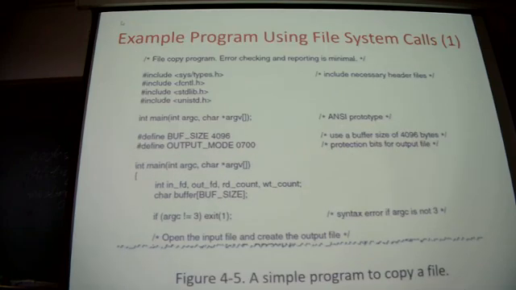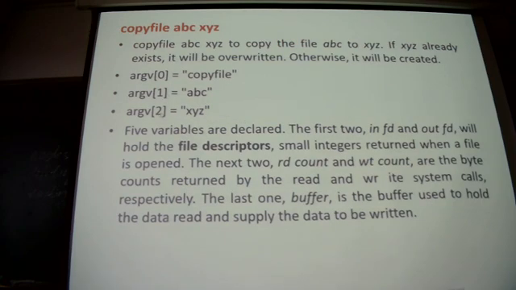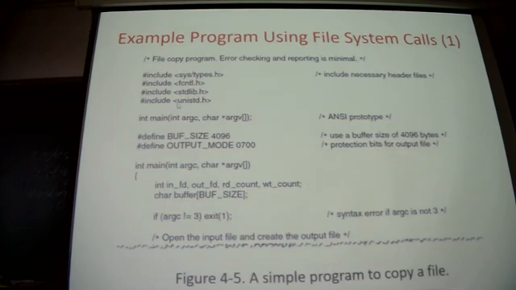So let's focus on the program to achieve copy abc to xyz. First, we have learned this array. There are 3 items in this array because our purpose is to copy file as abc xyz. This is the command. We define a constant buffer size, 4096.